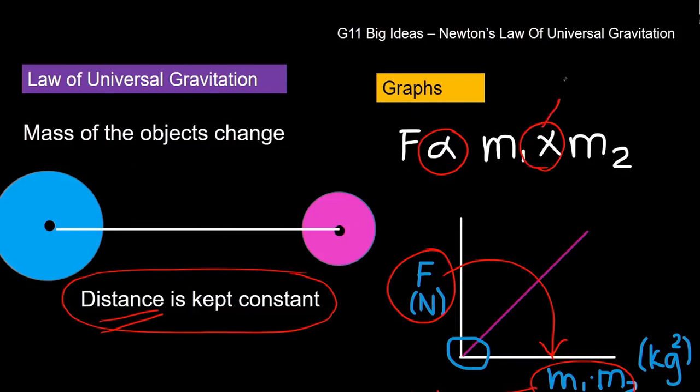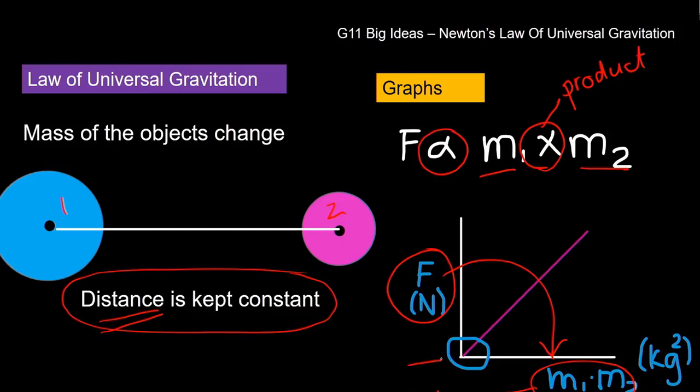We're multiplying it together, the product of the two masses. So mass 1 and mass 2, when we times them together, we get a force that is proportional to that. Now, that sign we would say is directly proportional.